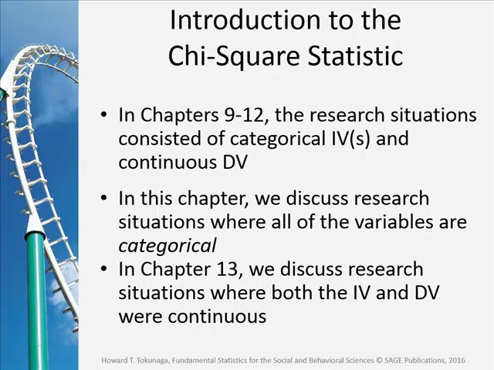What we're going to do in this chapter, I've skipped ahead to chapter 14, is look at situations where both of the variables are categorical in nature. So you can have a categorical dependent variable and a categorical independent variable. And then next class I'll talk about situations where they're both continuous variables. All right, so that's where we're at.